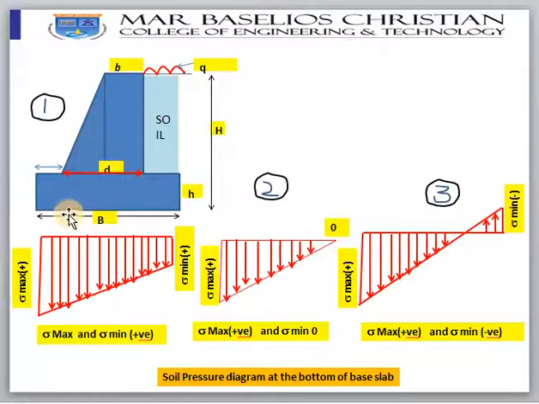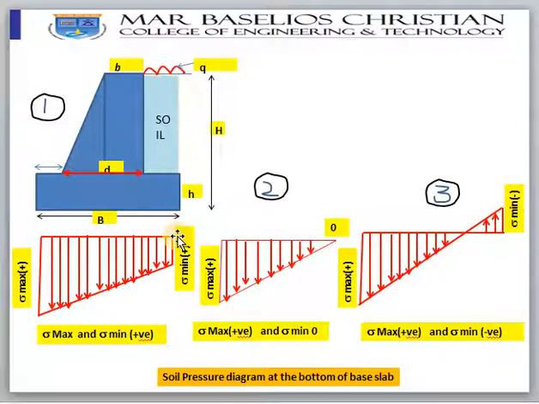The first case, the diagram is like a trapezoid actually. This soil pressure diagram at the bottom indicates the maximum pressure and the minimum pressure, sigma max and sigma min.